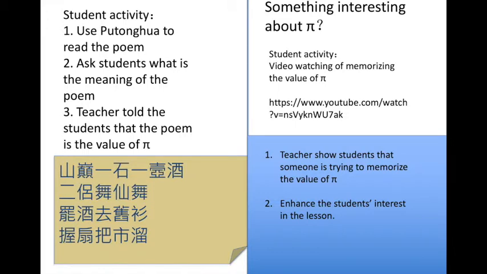And also, the teacher can share a video with the students about some world records of memorizing the value of pi. Now, let me talk about the conclusion.